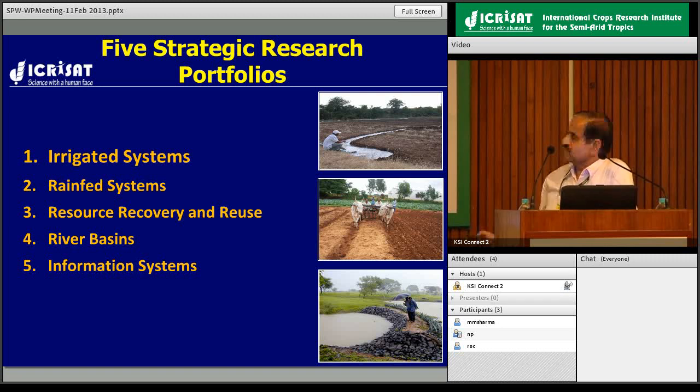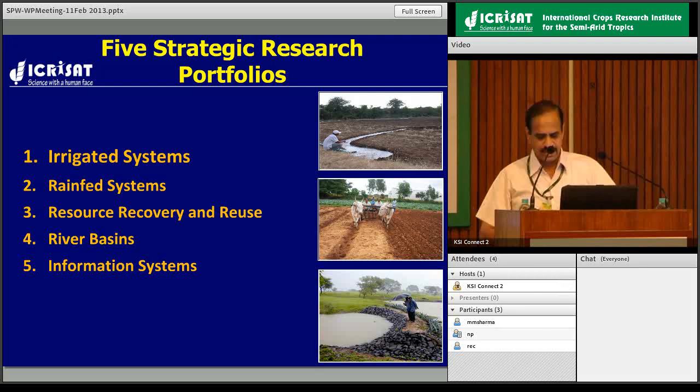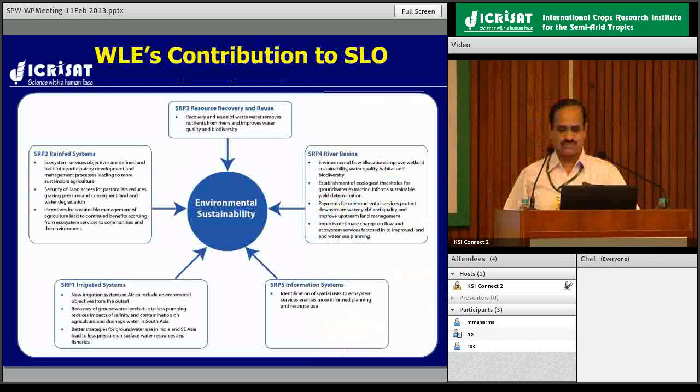River basins are mainly for the governing and institutional mechanisms and policies. Basically, we will be looking at the trade-off analysis and other things, and underlying across all the four will be the information system to share the knowledge across the research themes as well as across the different stakeholders.